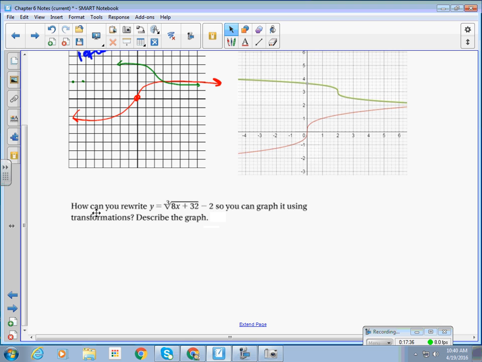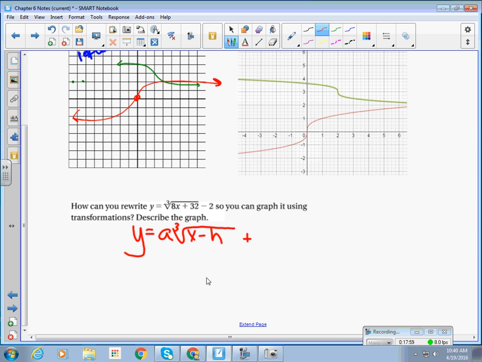Okay, so how can we rewrite y equals cubed root of 8x plus 32 minus 2 so that we can graph it using transformations? Describe the graph. So using transformations, we want it to be y equals a cubed root of x minus h plus k.